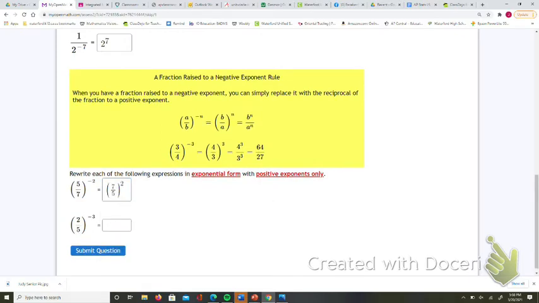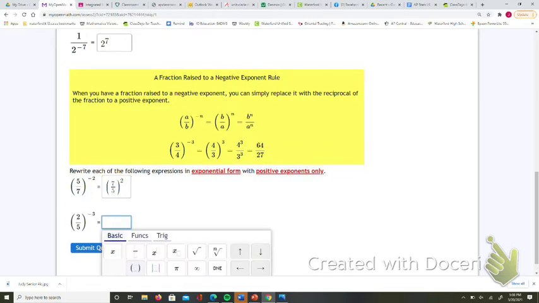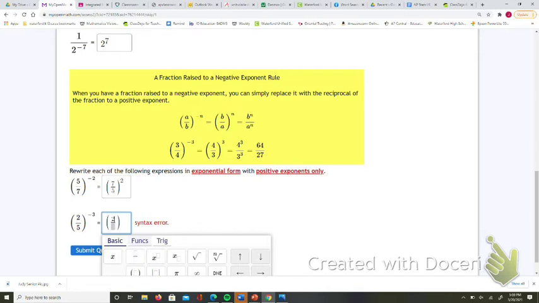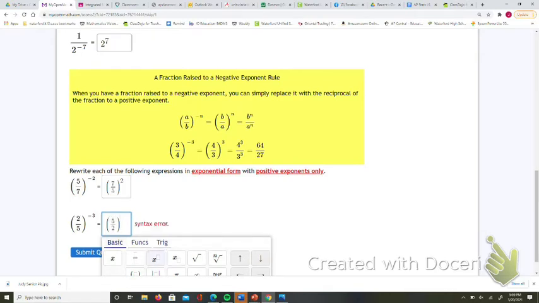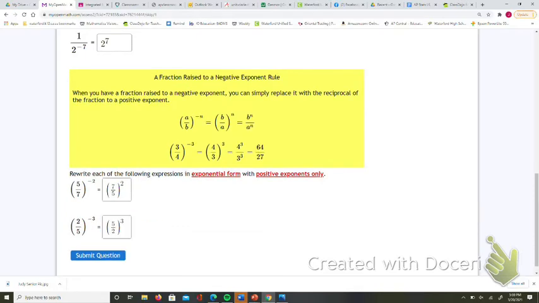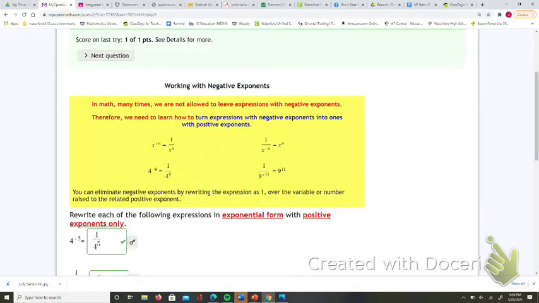So now your exponent is positive. Okay, parentheses, fraction, 2, no, not 2, 5, because you have to flip it. 2 in the denominator, put your cursor on the outside, click your exponent button, and it's positive 3 now. And submit.